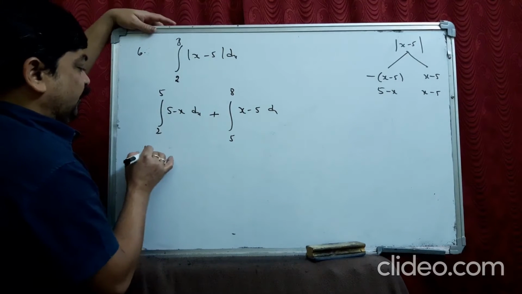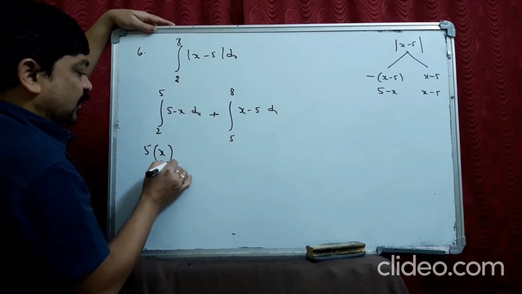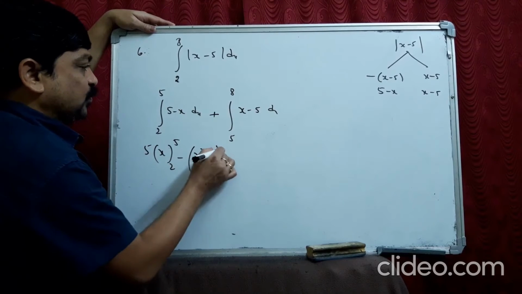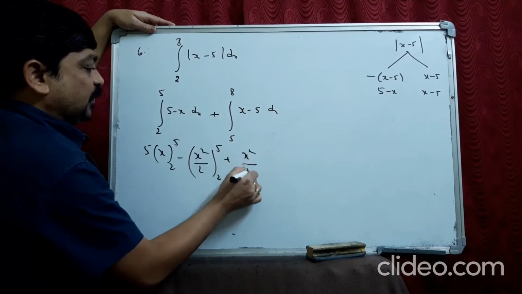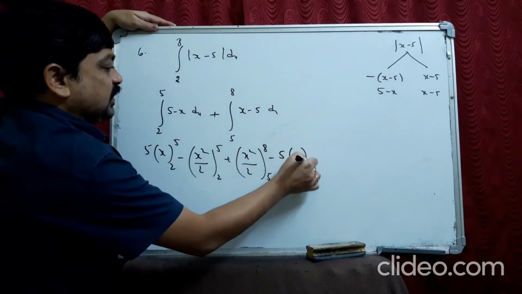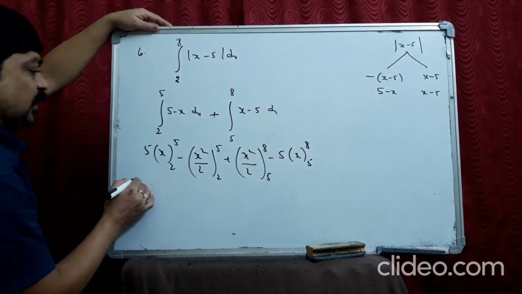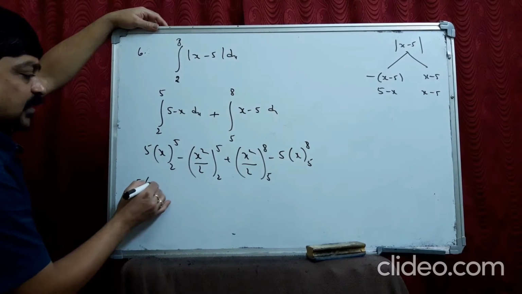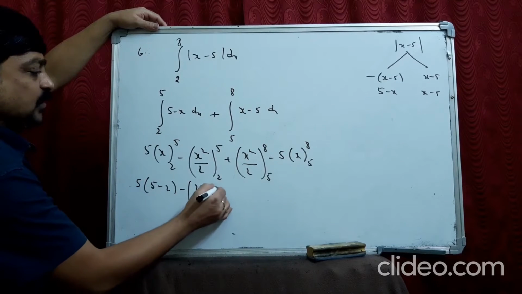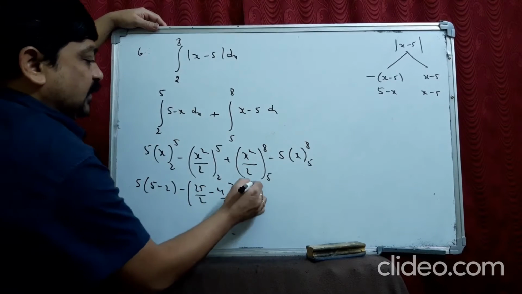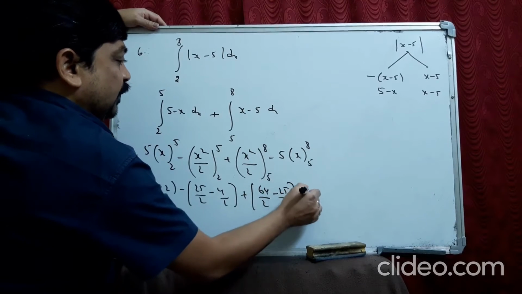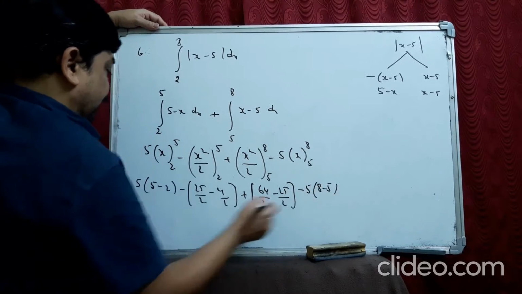It becomes 5 into integration of 1 dx, x from 2 to 5, minus x square by 2 from 2 to 5, plus x square by 2 from 5 to 8, minus 5 into x from 5 to 8. So it becomes 5 into 5 minus 2, minus of 25 by 2 minus 4 by 2, plus 64 by 2 minus 25 by 2, minus 5 into 8 minus 5.